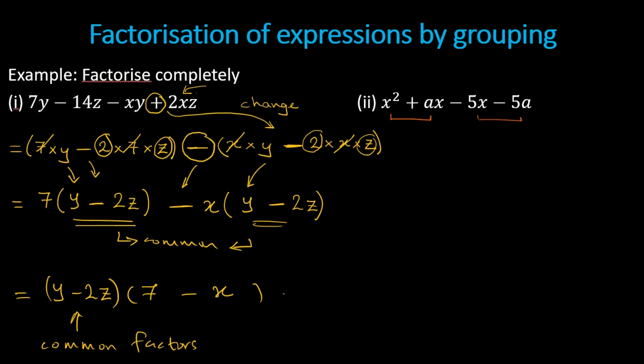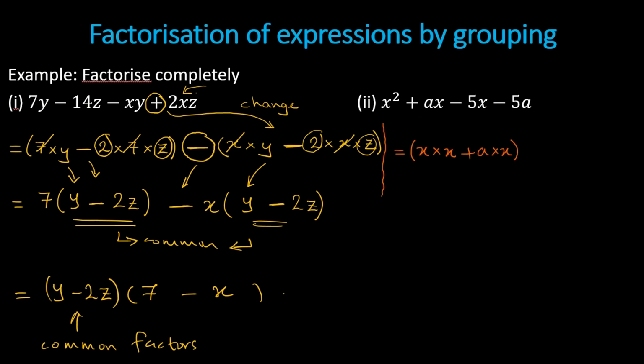So the first two terms, we have x squared plus ax. x squared is simply x times x. You have plus, you insert your plus. ax is simply a times x. That's it, the first bracket in expanded form.